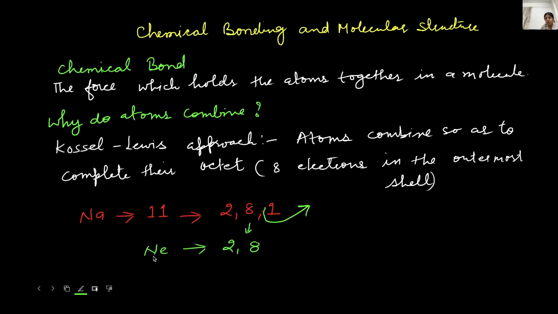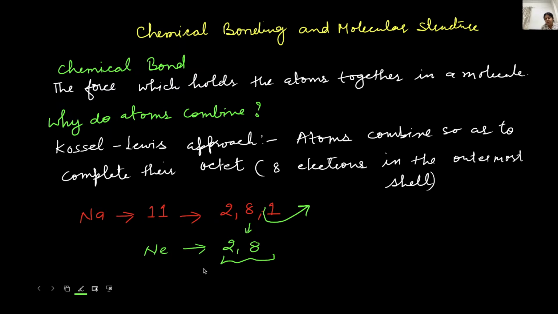So in order to achieve this stable inert gas configuration, sodium atom will lose one extra electron from the outermost shell and achieve the stability of an inert gas. So this is called the combination. Why has it lost one electron? Because it has to complete its octet.